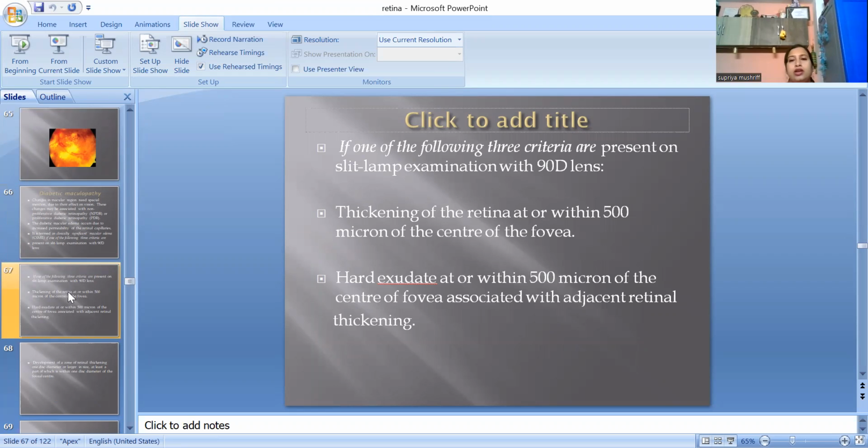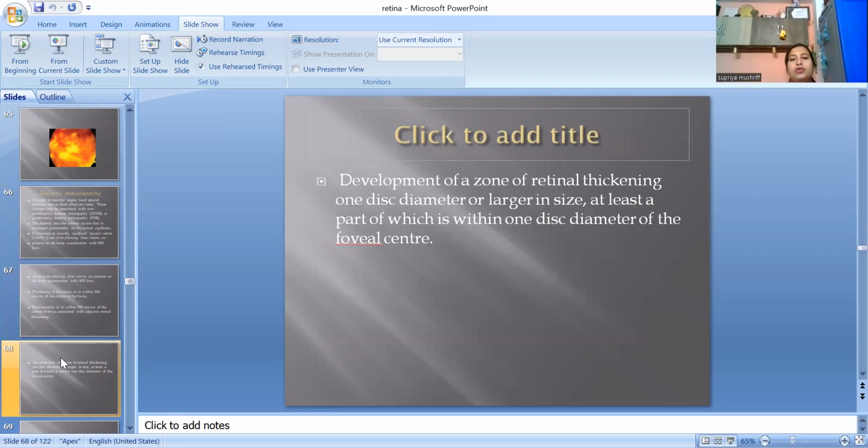First is thickening of retina at or within 500 micron of the center of the fovea, or hard exudate at or within 500 micron of the center of the fovea associated with adjacent retinal thickening, or development of a zone of retinal thickening of 1 disc diameter or larger in size, at least a part of which is within 1 disc diameter of the foveal center.